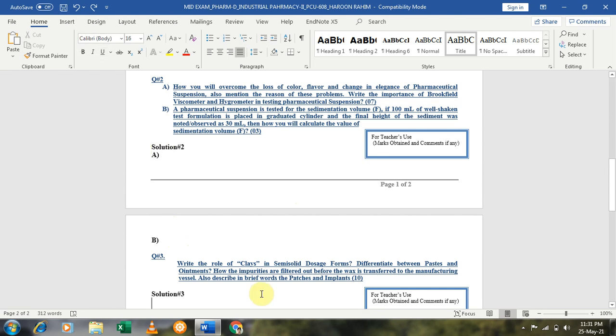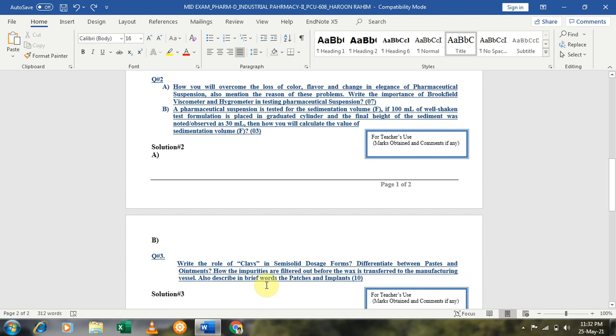Question number 3, you have to write the role of clays in semi-solid dosage form, recalling from consulting the audio, video or PPT, semi-solid dosage form, and you have to write the differences between the paste and ointment, and how impurities are filtered out before the wax is transferred to the manufacturing well cell.